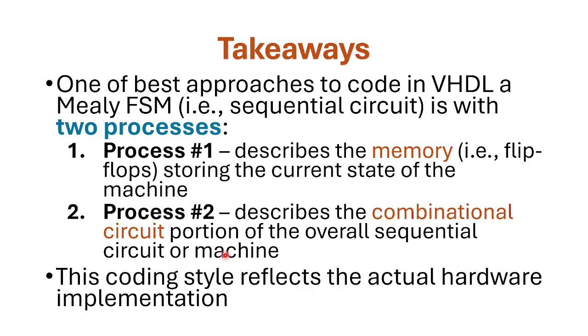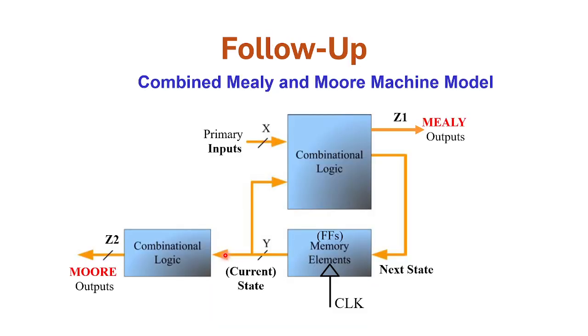Now, there is one short, quick follow-up to this, related to a question that you might have about what if I am looking at combined Mealy and Moore machine finite state machine state graphs, and this is the general block diagram that would describe and capture that.